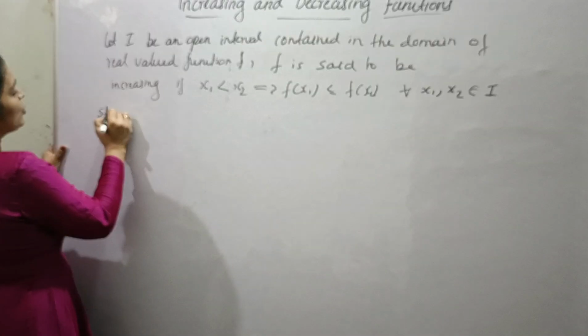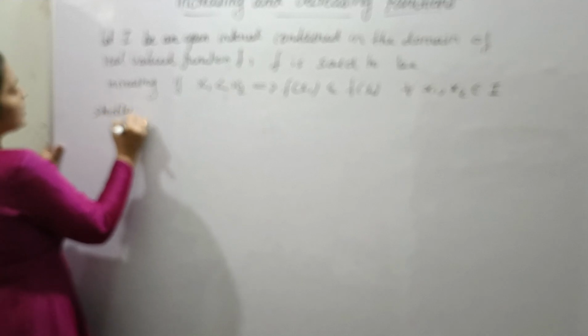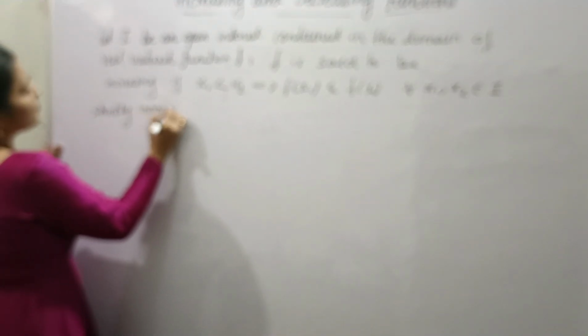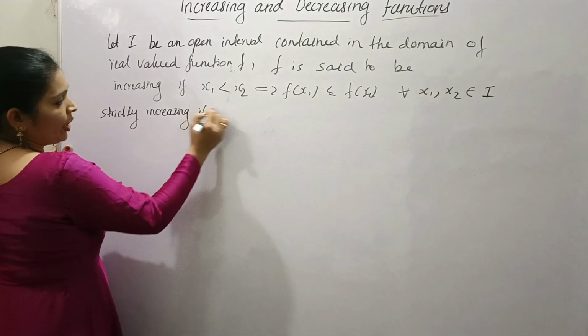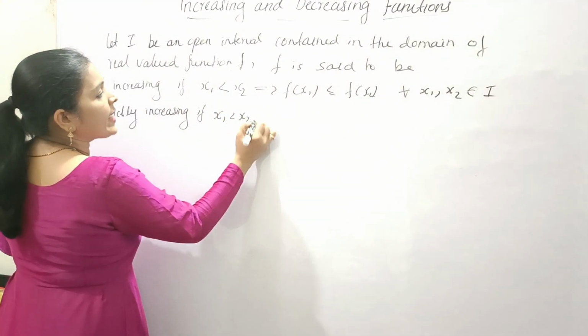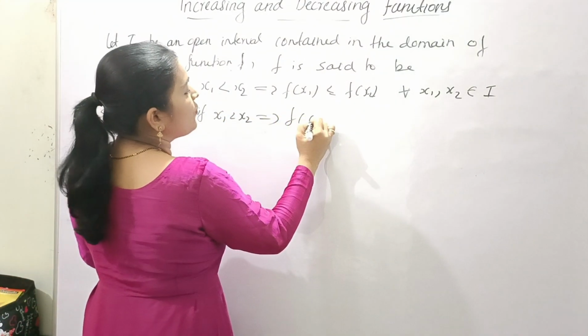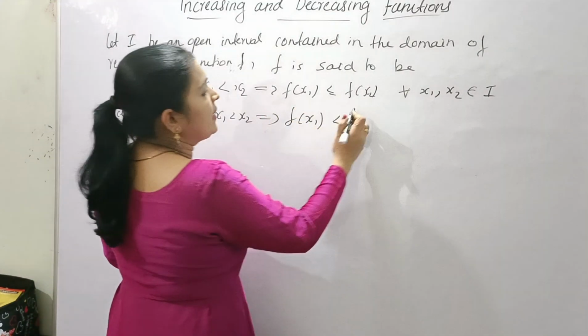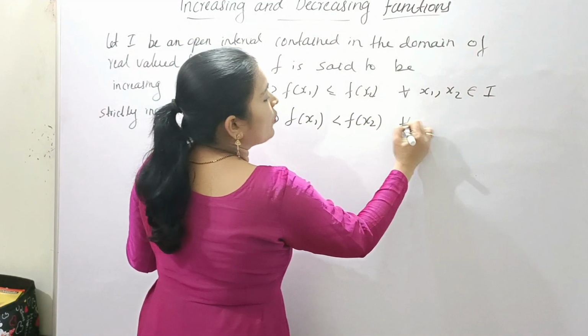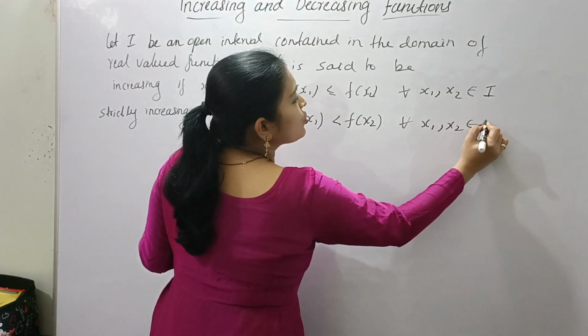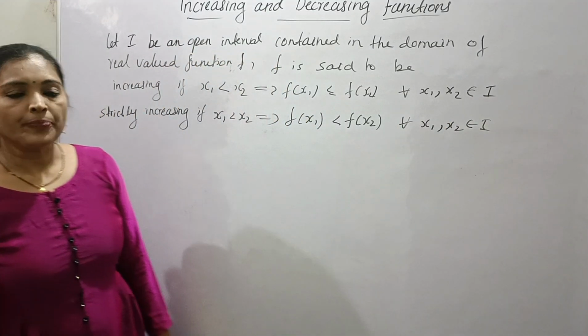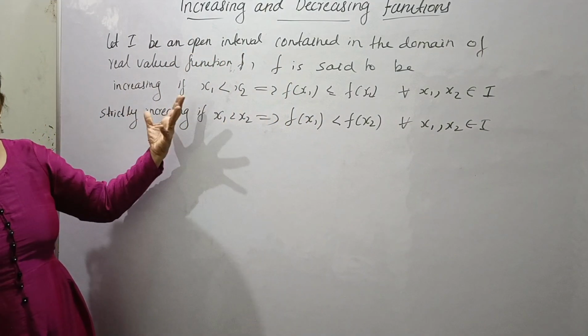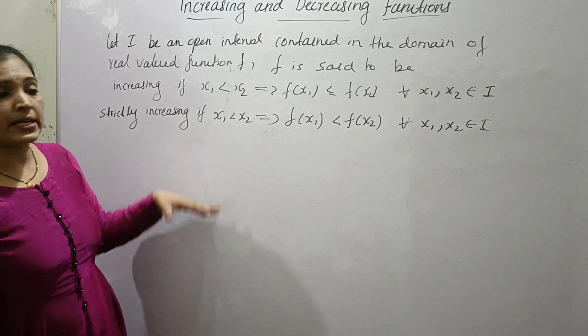That is, the function f is said to be strictly increasing if x1 less than x2 implies f of x1 less than f of x2, for all x1, x2 belonging to I. Okay, understood? That is the difference between increasing and strictly increasing.